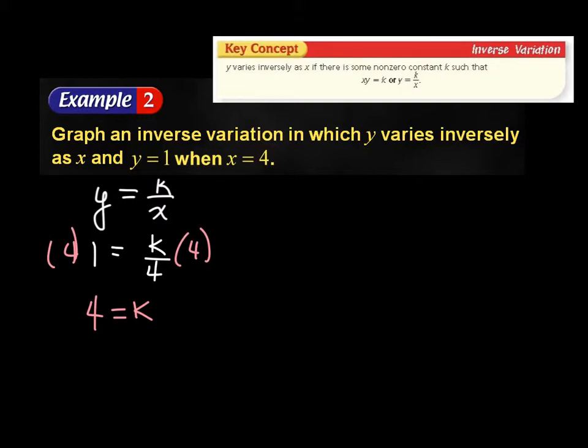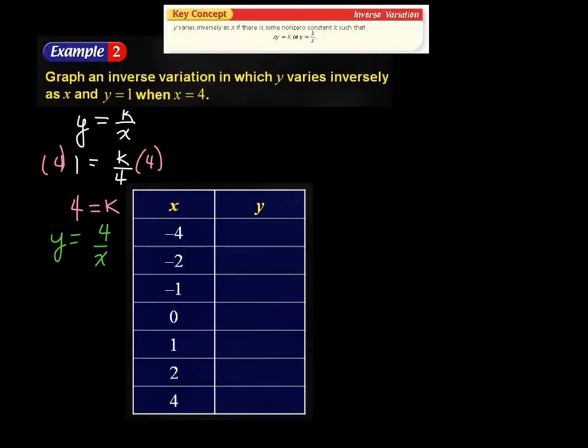So my equation is y equals 4 over x. 4 divided by negative 4 would be negative 1. 4 divided by negative 2 is negative 2. 4 divided by negative 1 is negative 4. 4 divided by 0, we can't do that. That's undefined. 4 divided by 1 is 4. 4 divided by 2 is 2. And 4 divided by 4 is 1.